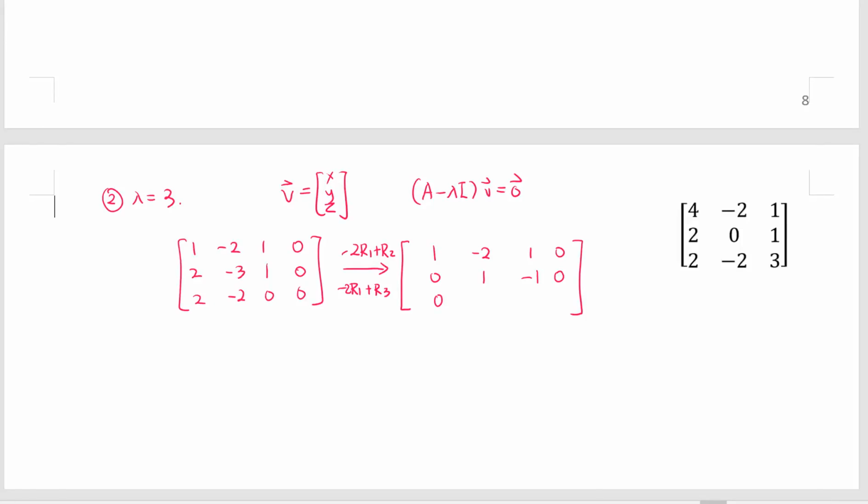Negative 2 minus negative 2 times 2: negative 2 plus 4, which is 2. 0 minus 2, negative 2. Now we can use the second row to kill the third row, so we do minus row 2 added to row 3.